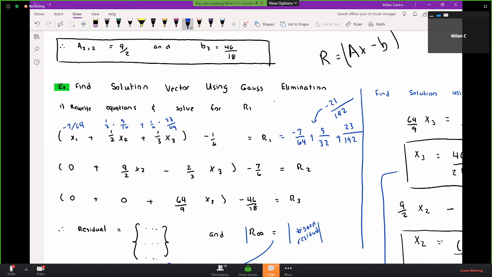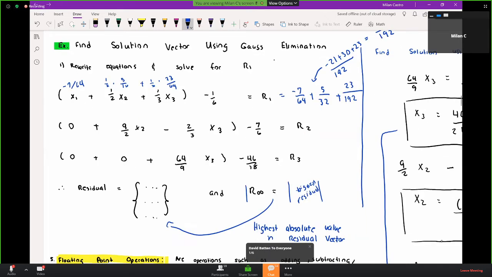That's 21, plus 30, plus 23, which is going to equal 32 over 192 for R1.